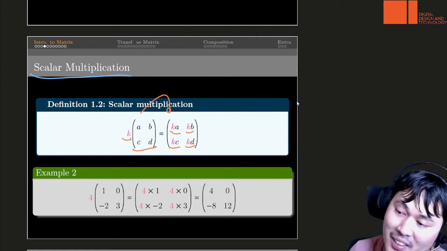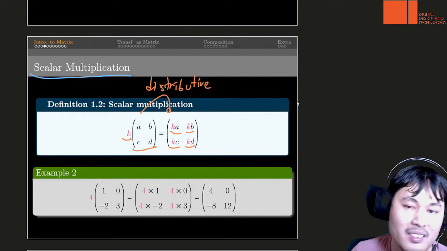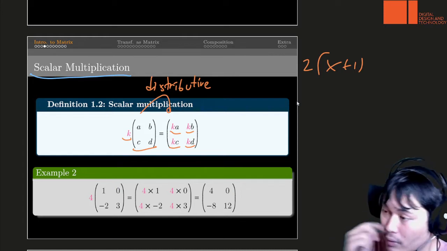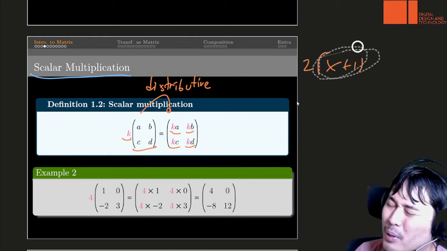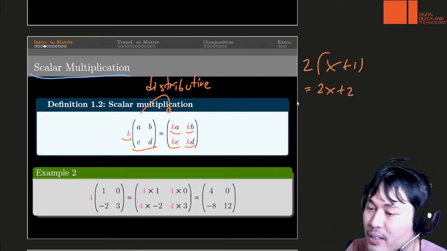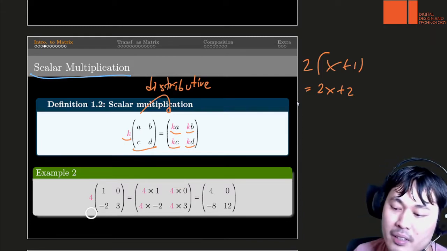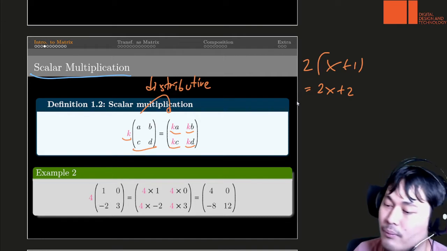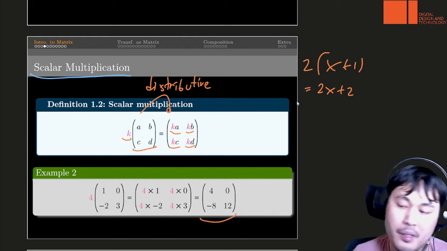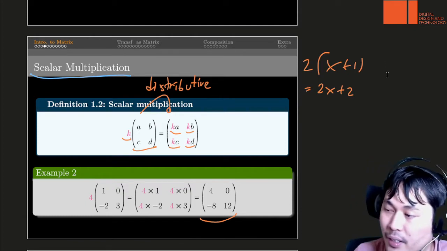So in a sense, it looks like you use the distributive property, just like when you multiply a number to a polynomial, and you multiply everything by that number. Similarly, this is what we have. And this is a short example here. If you multiply 4 to this matrix, you multiply 4 to every single entry, and the result is this new matrix, 4 and 0 and minus 8 and 12. And nothing fancy yet.